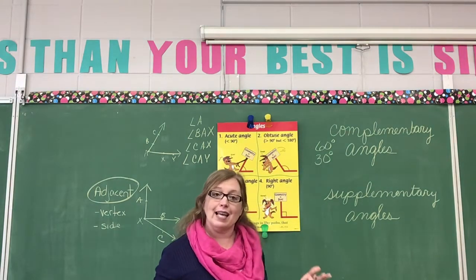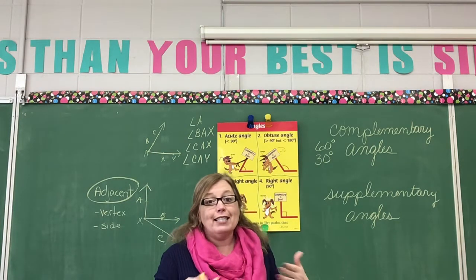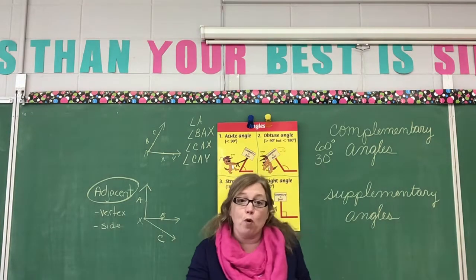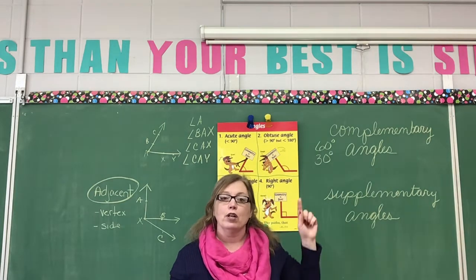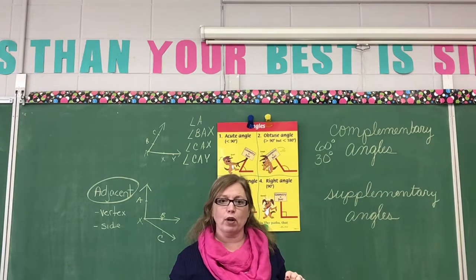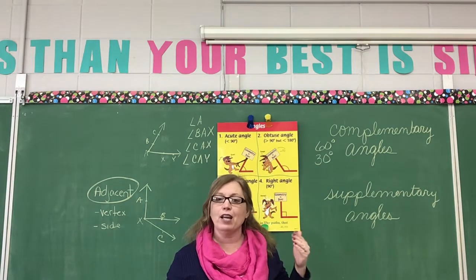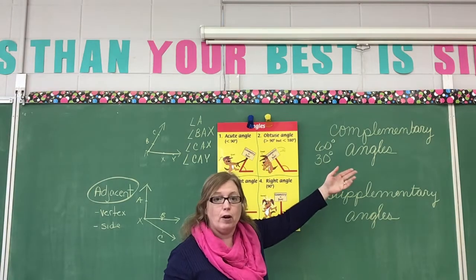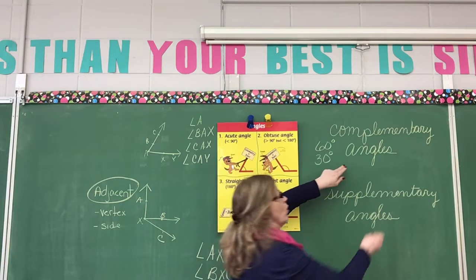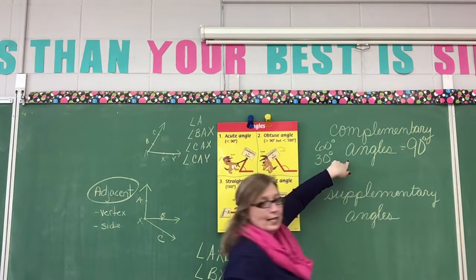So let's say I only have one angle, okay? If I tell you that the angle is 40 degrees, how do I find the other angle? 90 minus 40 is 50. So the missing angle in order to be complementary had to be a 50-degree angle because complementary means that they are going to equal 90 degrees.